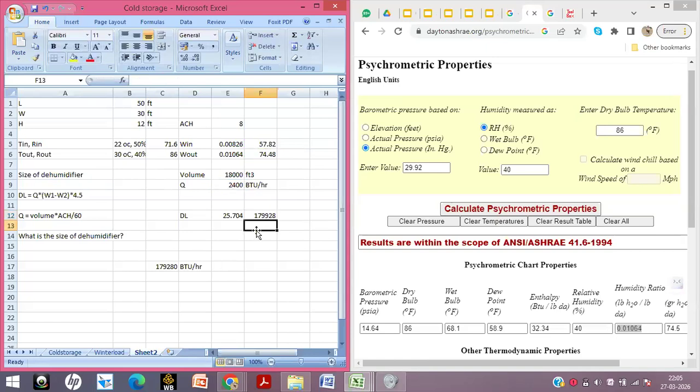So, yeah, your answer is the same. But actually we need to prefer this humidity ratio 25.74. If I come to your point, that will be this times 7,000. You can see this result came here.